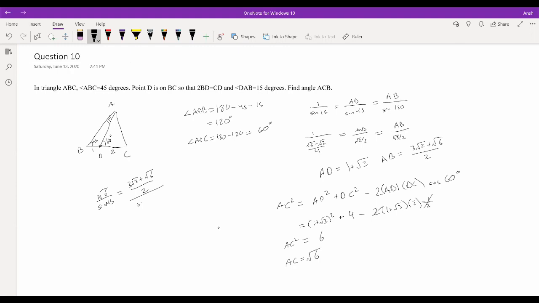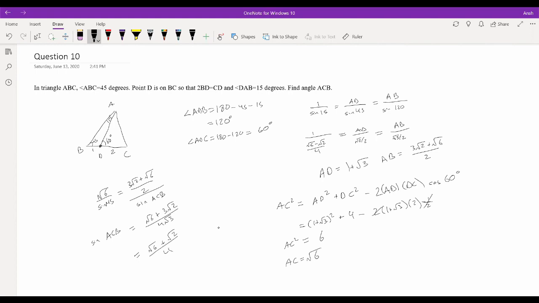So plugging in that sine 45 equals root 2 over 2, we get that sine ACB equals root 6 plus 3 root 2 over 4 root 3. If we simplify this a bit, if we divide the top and bottom by root 3, we get that this is actually equal to root 6 plus root 2 over 4.